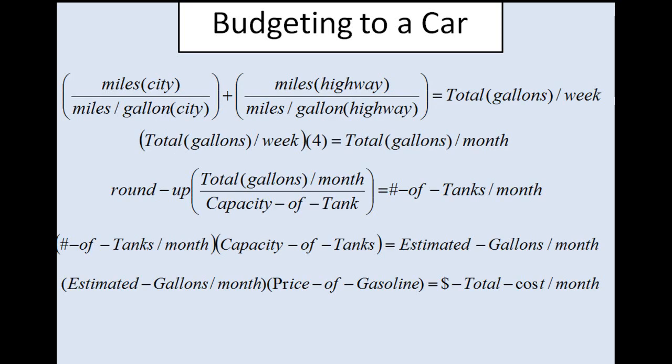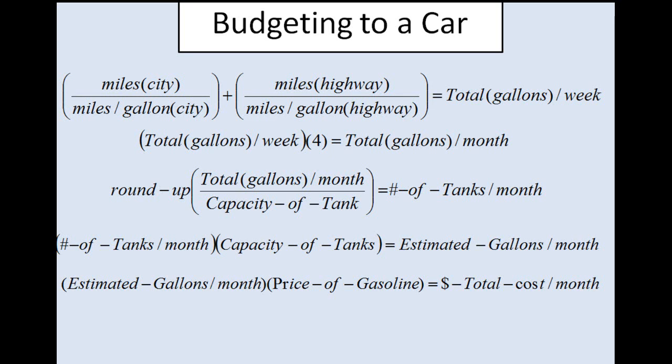This is the formula we are using to compute the estimated gallons of gasoline and the total cost per month. You take the miles in the city, divide by the miles per gallon rate in city for each car. Likewise, the same idea for highway, and when you add these, this is total gallons per week.